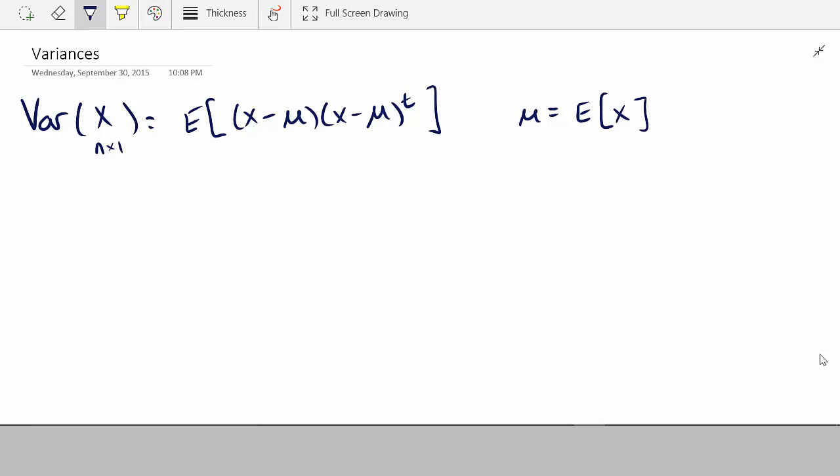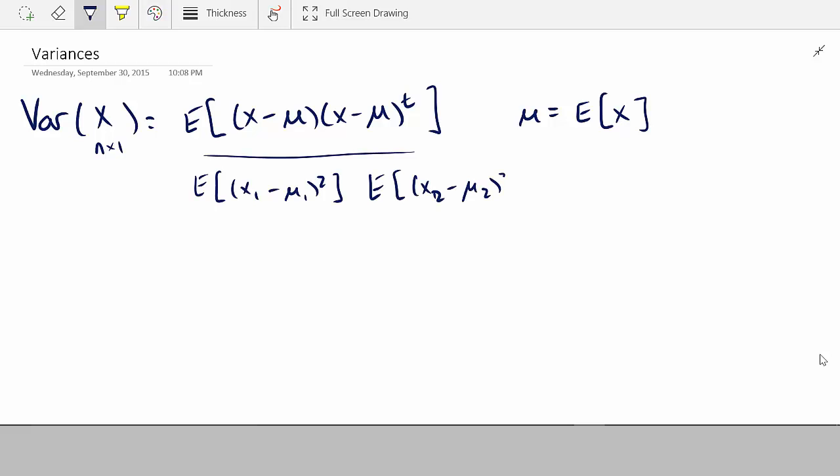So this quantity has the property that, for example, the first diagonal element is the expected value of x1 minus mu1 squared. So it's just the ordinary variance of the first element of the vector. The second diagonal entry is just the expected value of x2 minus mu2 squared.